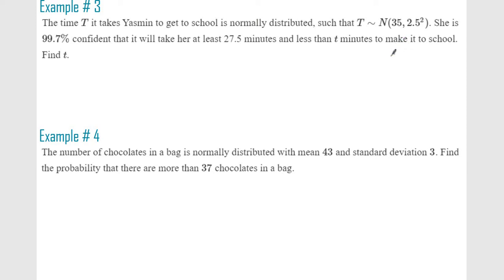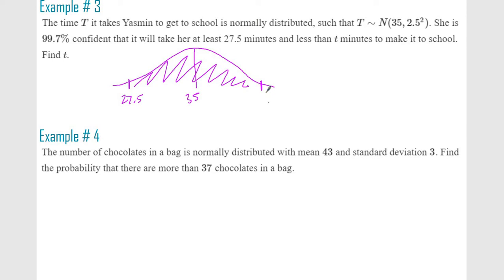So find T. Well, think about what you have here. You have your normal distribution, this is 35, and you know with 99.7% confidence that it's in the interval between 27.5 and some value t.